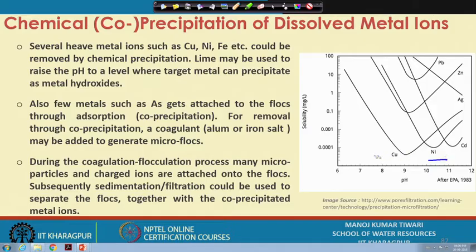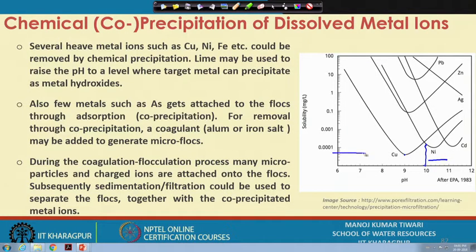For say, if you bring the pH around 10, the solubility of nickel, which at a neutral pH of around 7 or 8 is more than 100 milligram per liter, will reduce down to less than 0.001 milligram per liter, or 1 microgram per liter. Okay. So, once the solubility of these metals reduces, they precipitate in the form of metal hydroxides.